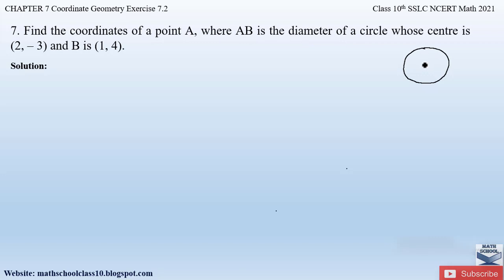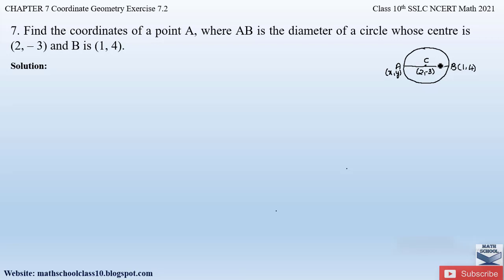So we have a circle here whose diameter is given by AB, whose center is (2, -3). Let us assume the center point as C, whose coordinates they have given as (2, -3), and the coordinates of point B is also given, that is (1, 4). So we have to find out the coordinates of point A, which let us assume to be (x, y).